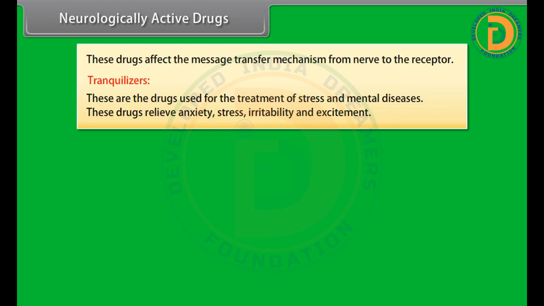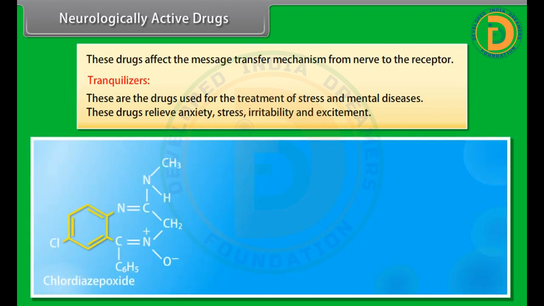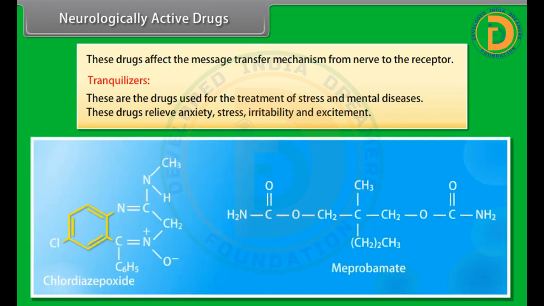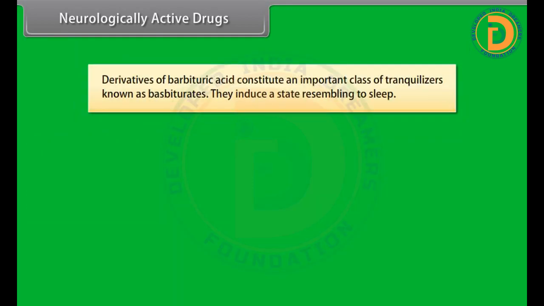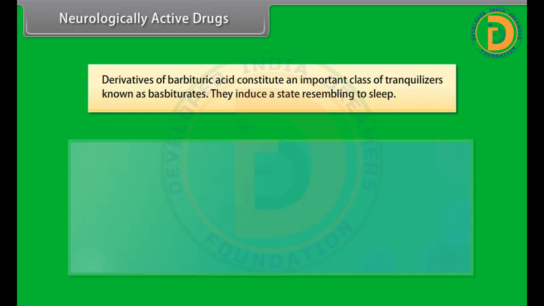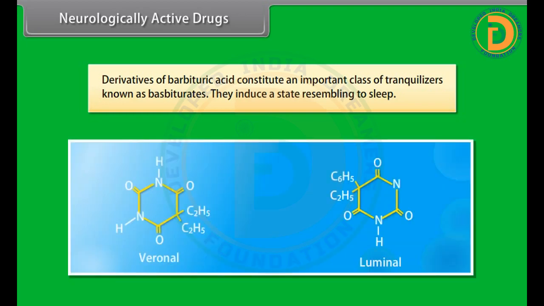For example, chlordiazepoxide and meprobamate are mild tranquilizers. Derivatives of barbituric acid constitute an important class of tranquilizers known as barbiturates. They induce a state resembling sleep. For example, Veronal and Luminal.